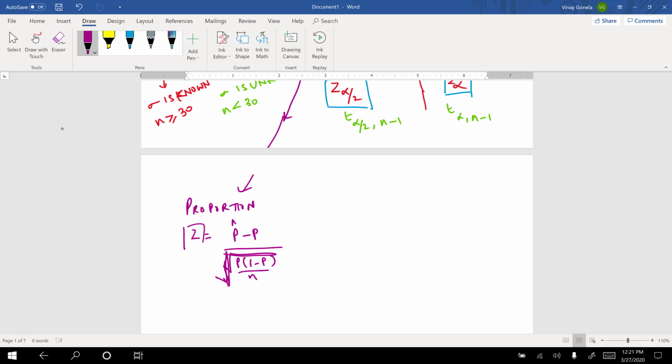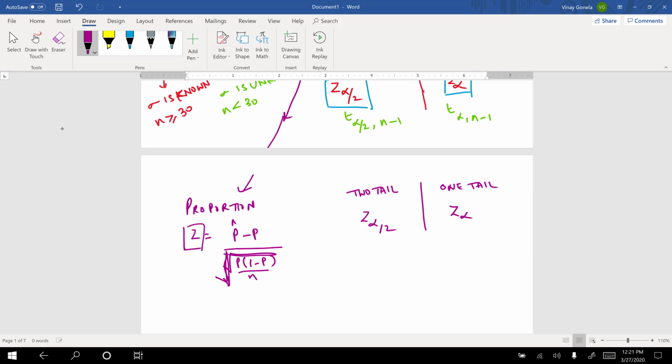Again, because this is z, for two tail we use z alpha over 2, for one tail we use z alpha.